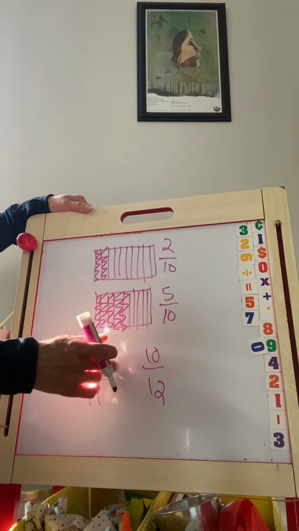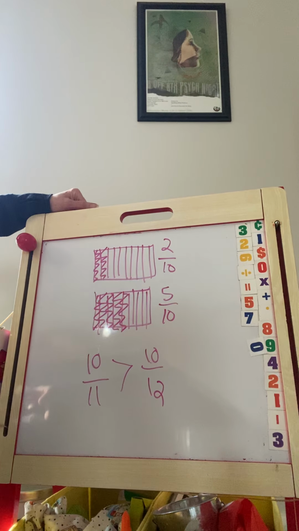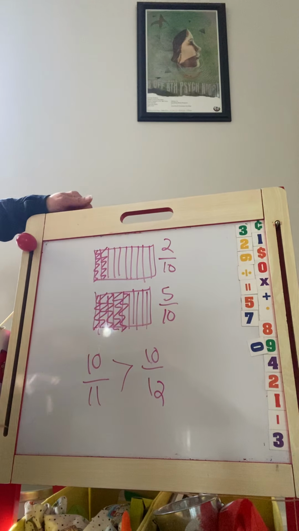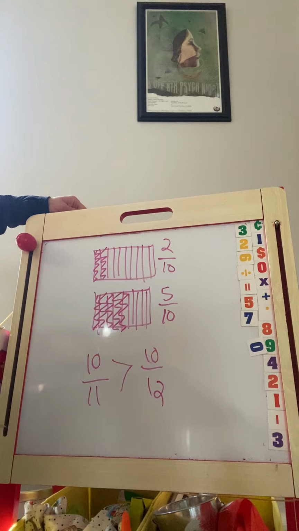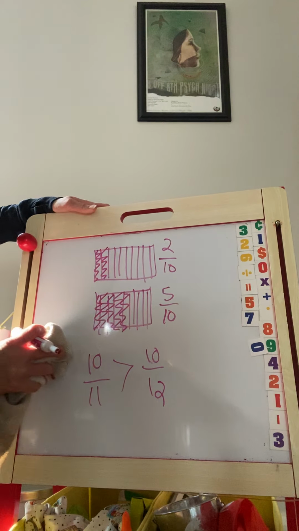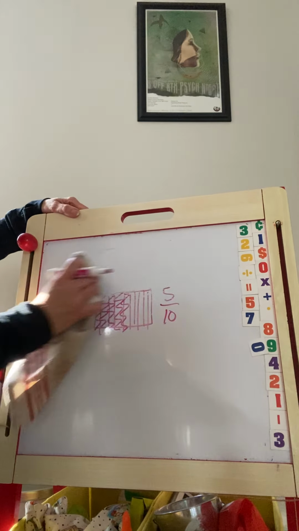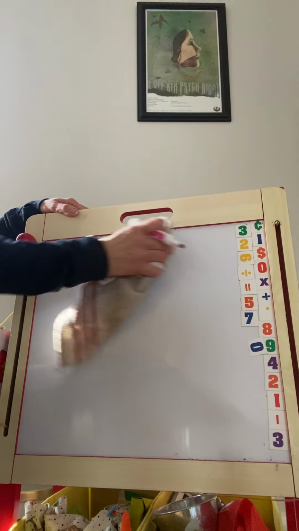This is actually going to be the bigger number because I have less cuts. My candy bar is broken into 12 pieces here. It's broken into 10 there. So that's the bigger piece. Remember, the least amount of cuts you have, the bigger your pieces are.